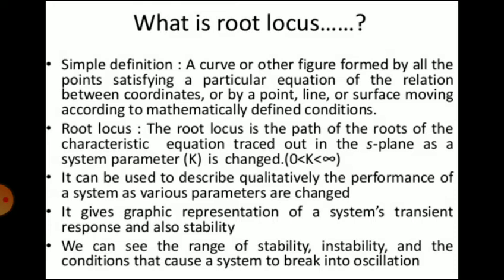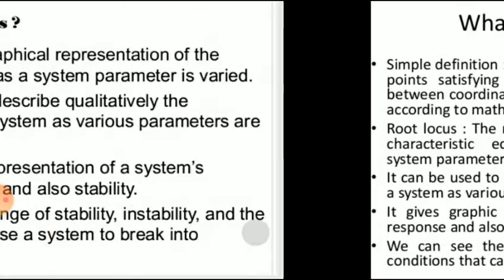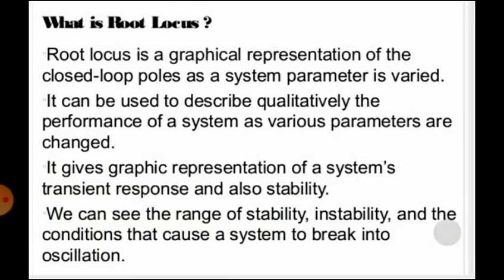It gives a graphical representation of a system's transient response and also stability. We can see the range of stability, instability and the condition that causes a system to break into oscillation. This is another definition of the root locus.